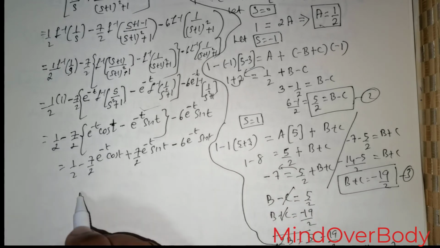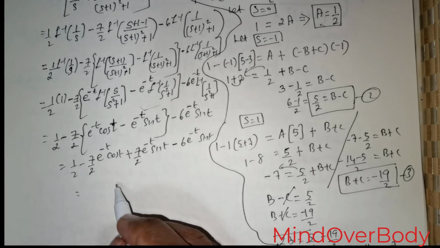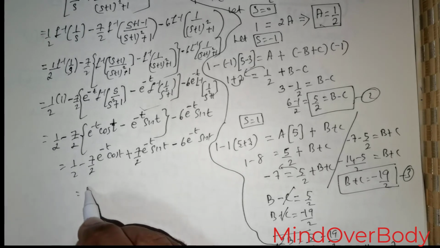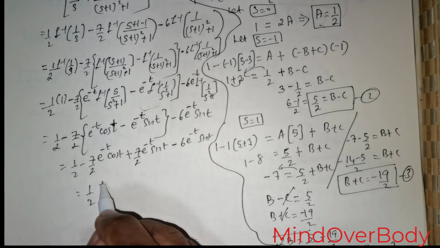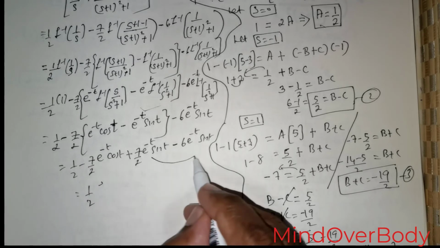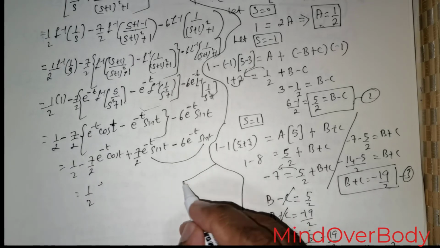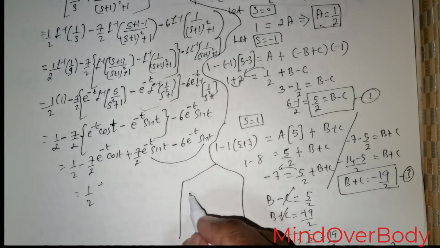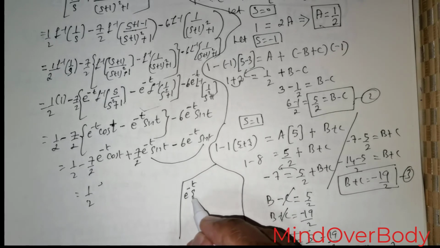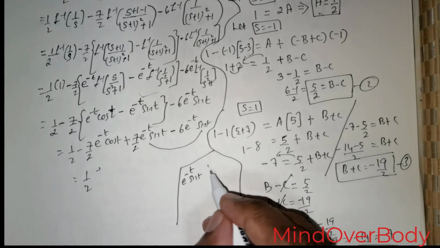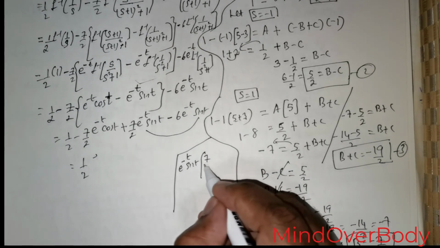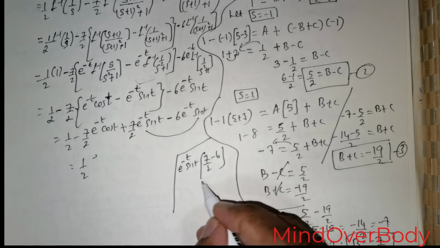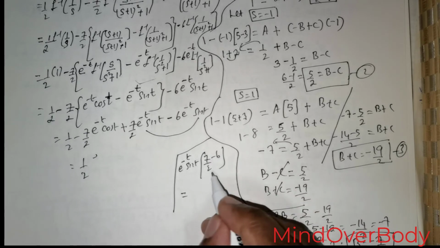Okay, so I can very well take e^(-t) out. Now I can in fact simplify these two components, right? So I can take e^(-t) out, I can take a sin t out. Now if I were to do that, I get 7 over 2 minus 6.